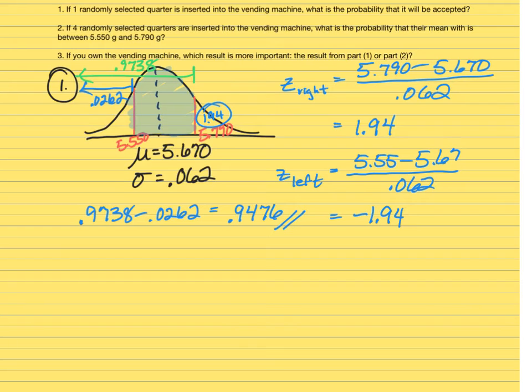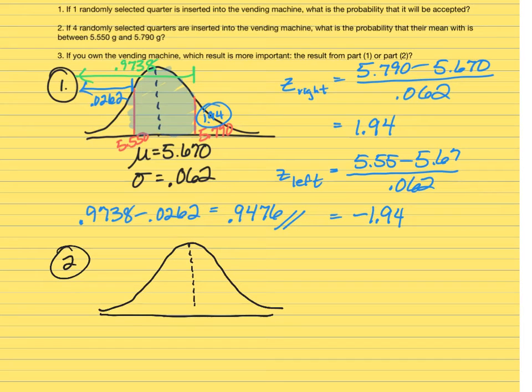All right. Moving to part 2, it says, okay, what if we choose four random ones, and what's the probability that the average of those four is between these same two boundaries? Now this is the distribution of sample means, so we need the mean of the means, because this is a question about the probabilities of means.